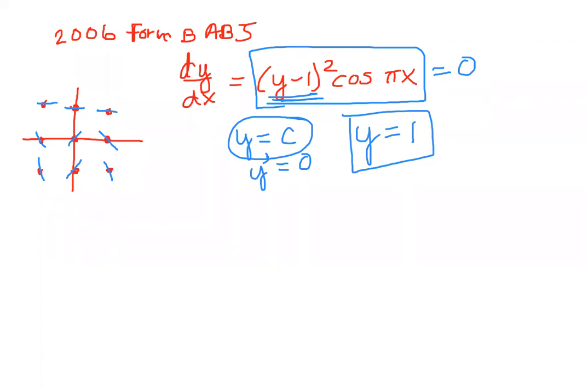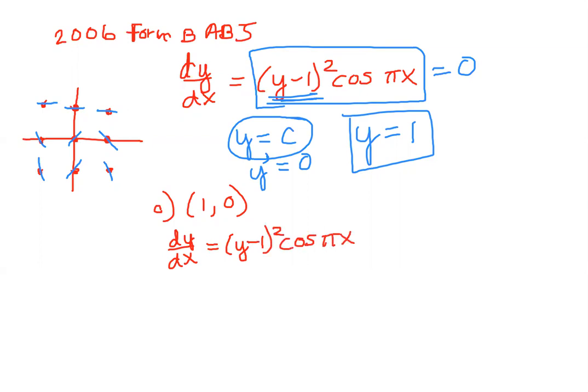And then we have find the particular solution. So this is C. Find the particular solution. The point is 1, 0. So we've got dy over dx equals y minus 1 squared cosine pi x. We're going to separate the variables. And then we're going to take the integral of both sides.